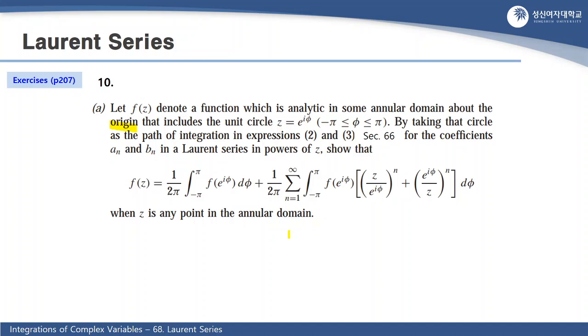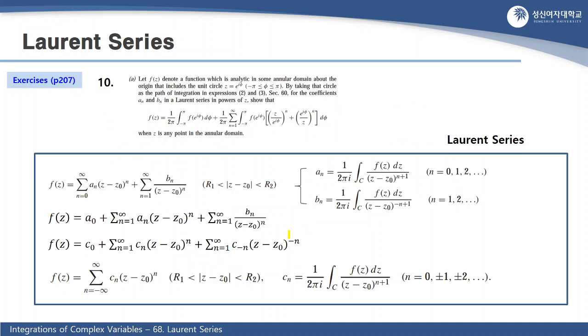Okay, before we check the solution, we first review the definition of the Laurent series. A given function f of z can be expressed in this form as a Laurent series: summation n equals 0 to infinity of a_n times (z minus z naught) to the n, plus summation n equals 1 to infinity of b_n over (z minus z0) to the n.